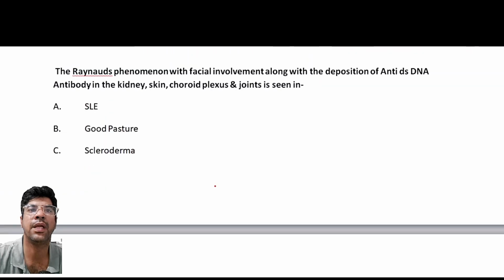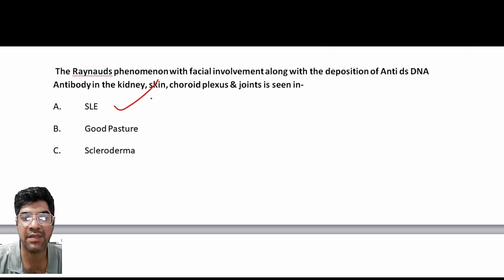Raynaud's phenomenon with facial involvement, along with deposition of anti-dsDNA antibody in kidney, skin, choroid plexus and joint, is a feature of SLE. SLE is an autoimmune disorder that can affect various organs and tissues.